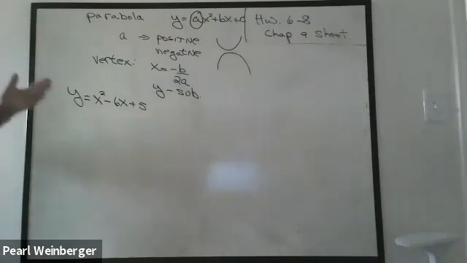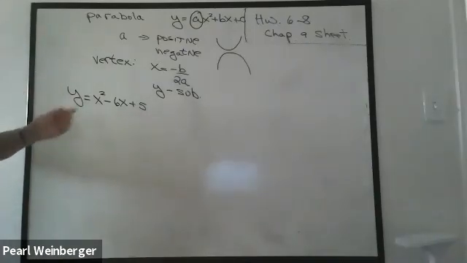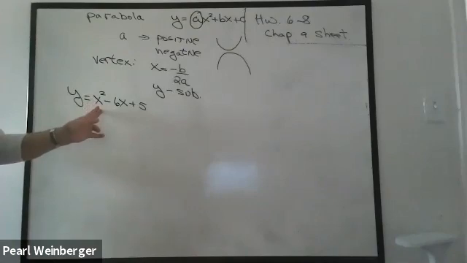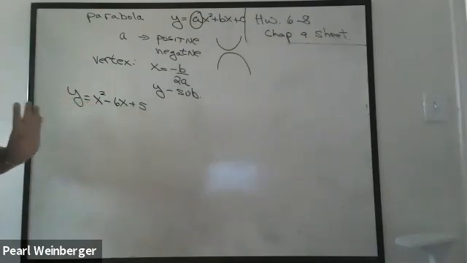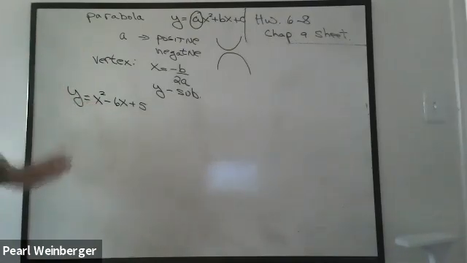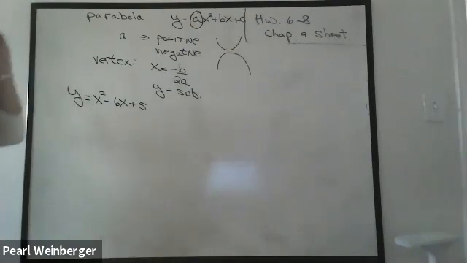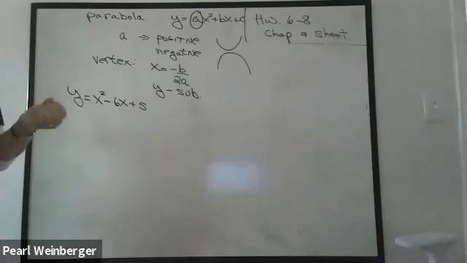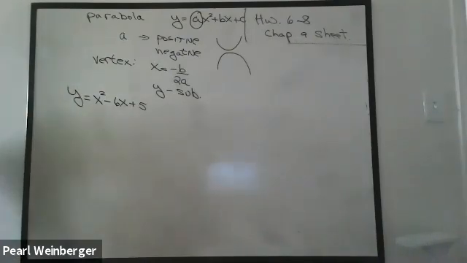First of all, I recognize it as a parabola because I do have an x squared term, but I don't have any y squared terms. That must mean it has to be a parabola. A parabola has one of the variables with an exponent of 2, but the other one does not.